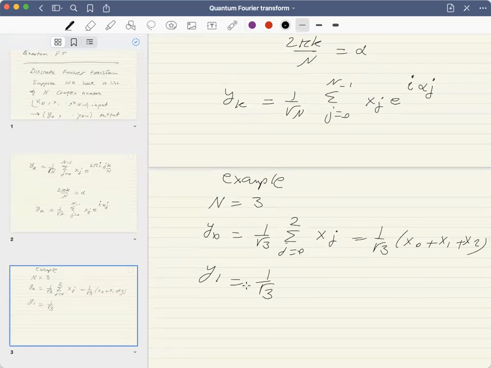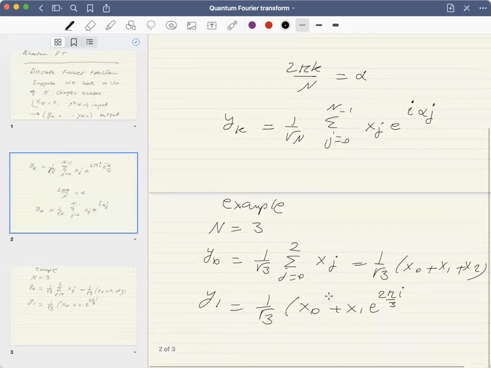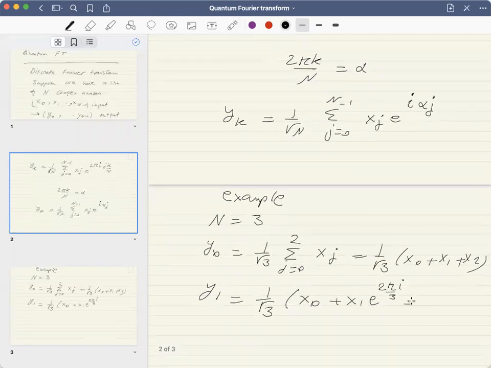So it's going to be x0 times 1, since j is 0, plus x1 e to the, now j is 1, so it's going to be 2 pi i over 3, plus x2 e to the 4 pi i over 3.